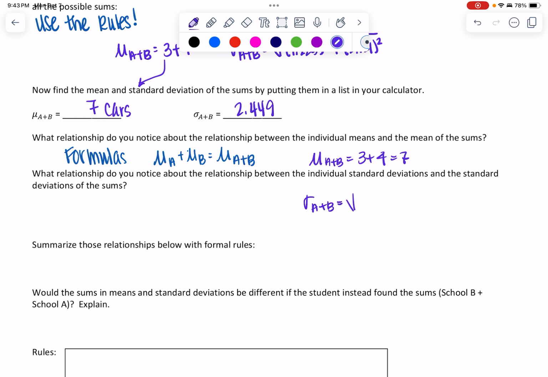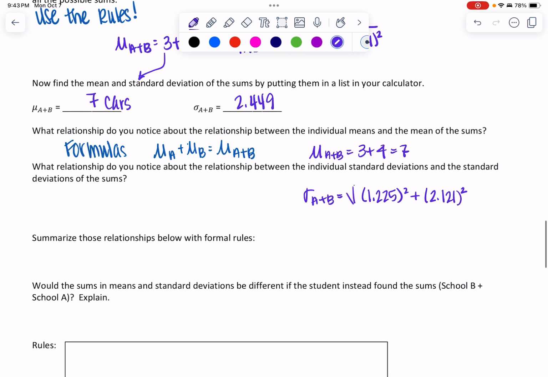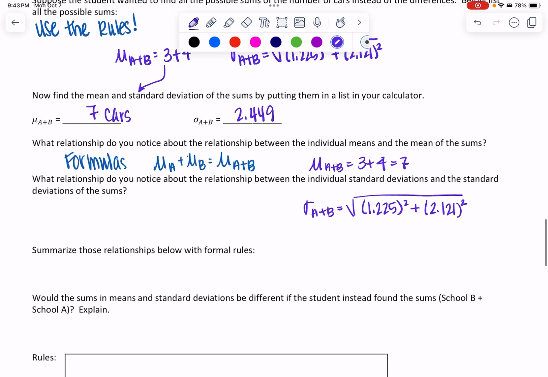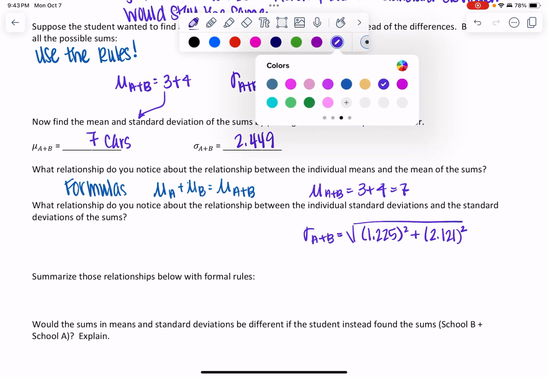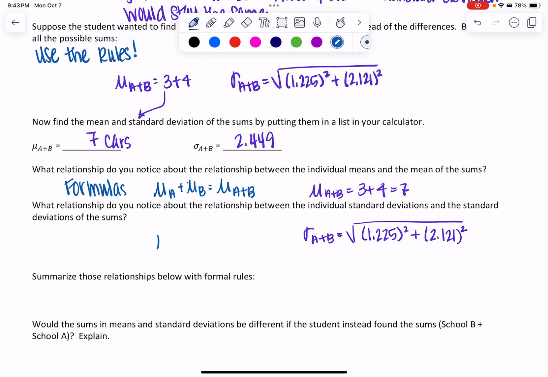We did this already, but I'm going to rewrite it again just because I want it absolutely stuck in your head what these formulas are and what we are using them for. And that this is standard deviation. And that on standard deviation, it is always plus.